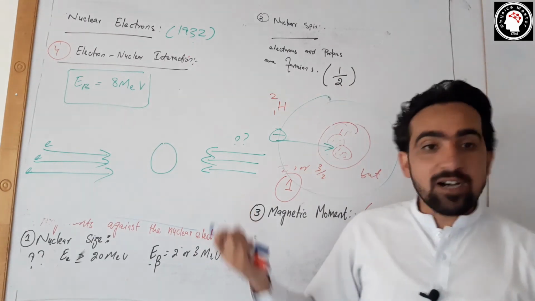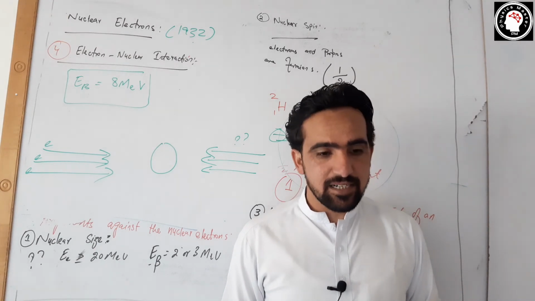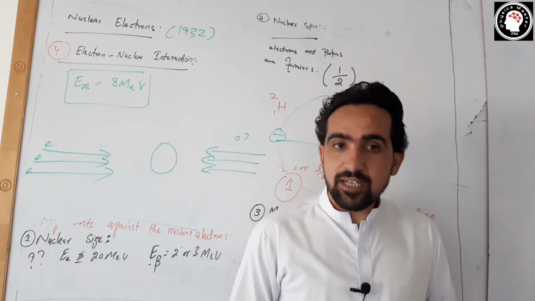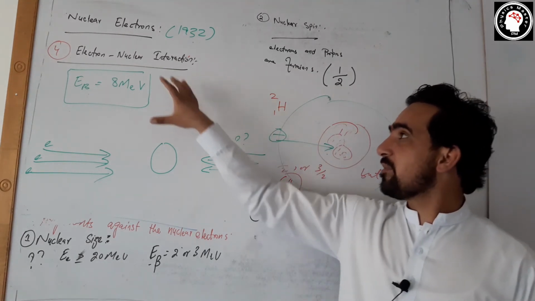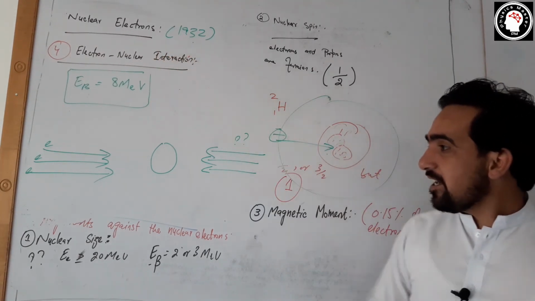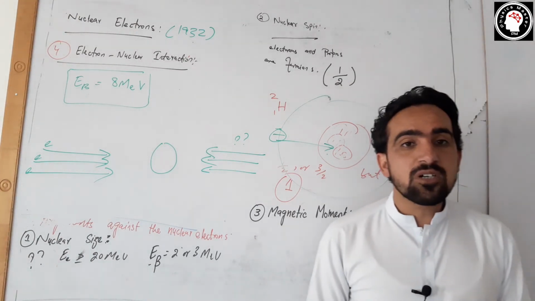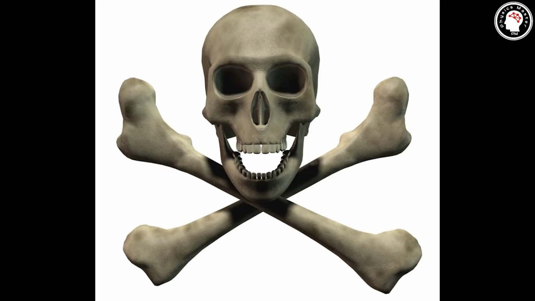George Gamow was a Ukrainian American theoretical physicist, who was so uncomfortable with this idea that in 1931, when he wrote his book on nuclear physics, he marked all the portions in the book, as you can see on your screen, with a crossbone and a skull, representing how scary it was, how uncomfortable he was with these nuclear electron models.